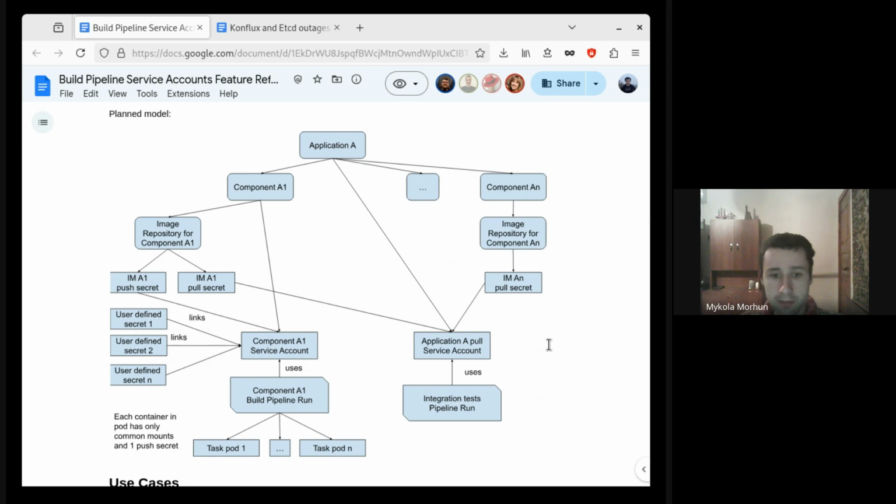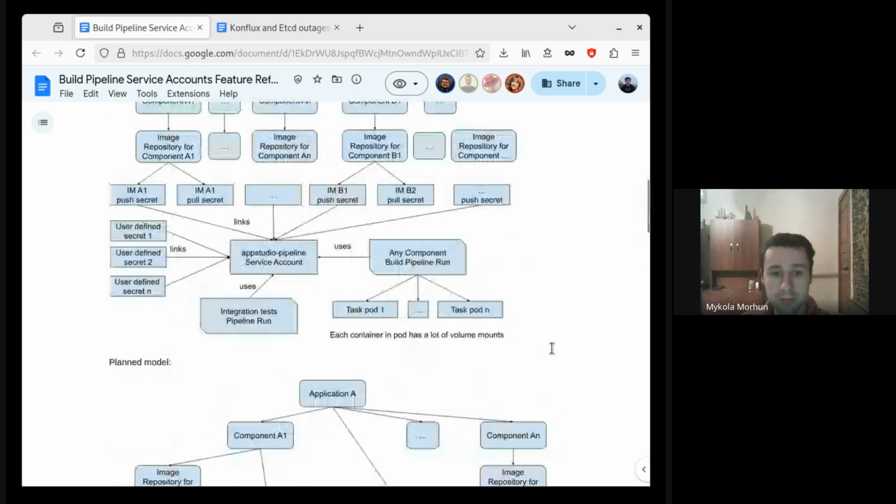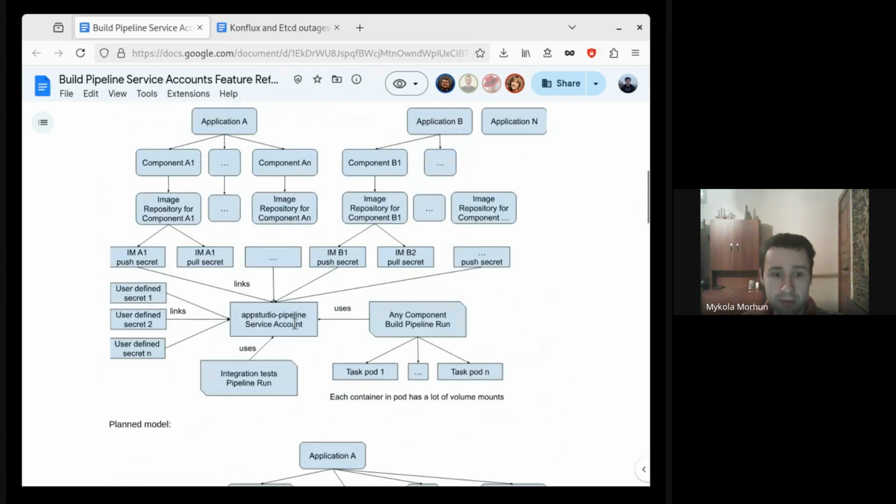Also, we have an interesting proposal in the refinement doc from Adam, that maybe we could still use only one service account as we do now, but instead of creating a lot of secrets, we can try to use only one secret for all image repositories, let's say per application.